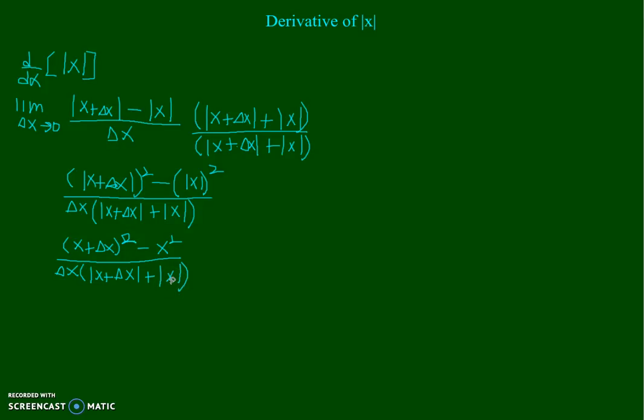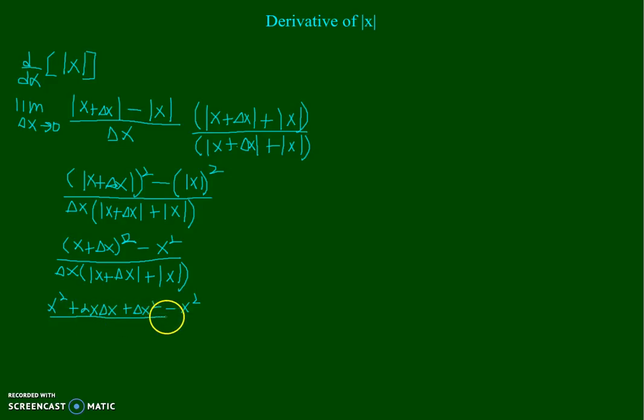Okay, so now we're going to expand this binomial in the numerator. So what we have here is x squared plus 2x delta x plus delta x squared, minus our x squared.